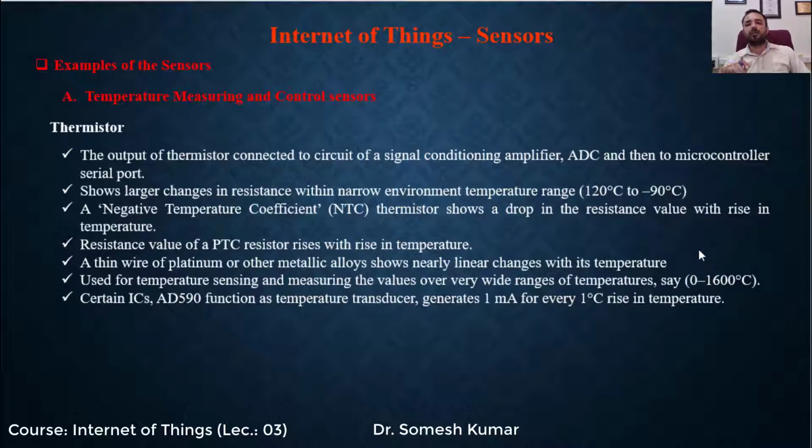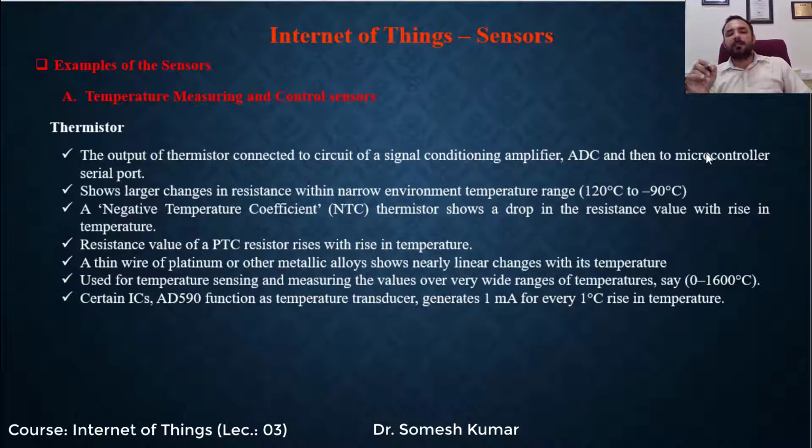There are two types of thermistors: NTC and PTC. NTC means negative temperature coefficient, meaning the resistance decreases with an increase in temperature. The second type is PTC, which means positive temperature coefficient.